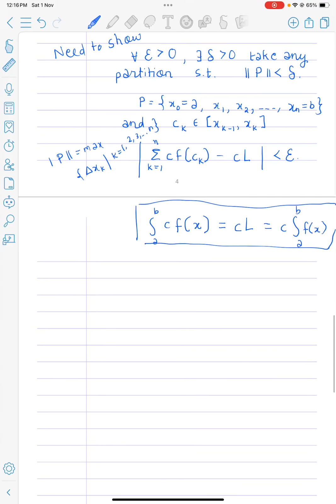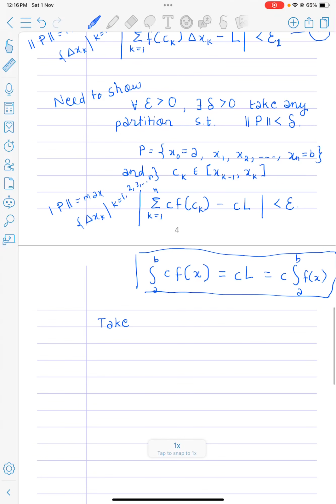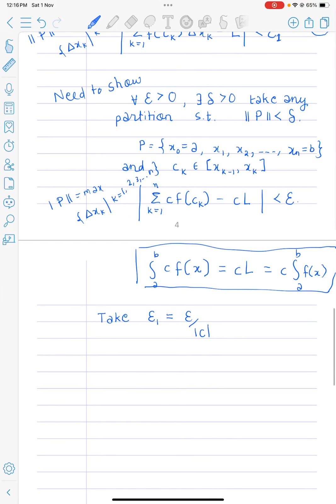What we do, take epsilon 1 to be epsilon by mod c. Then obviously it will be greater than 0 because epsilon is greater than 0 and mod c is greater than 0.